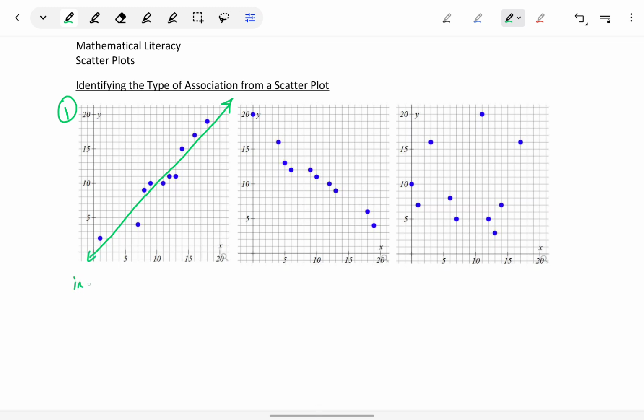So what we see is an increasing pattern because as we read the graph from left to right, the points all seem to be getting higher and higher. The y values seem to be increasing. The dots are relatively close to that line that we sketched in.